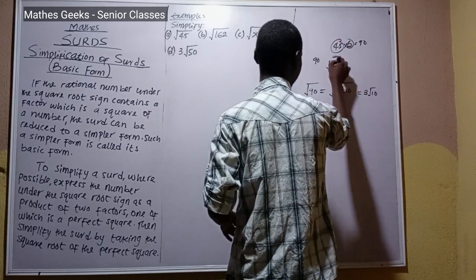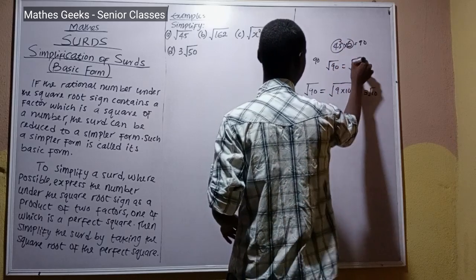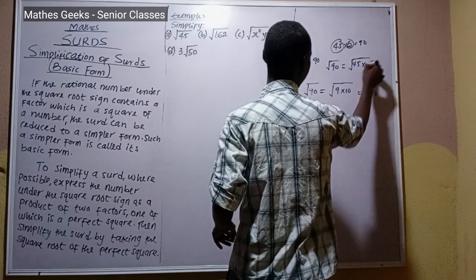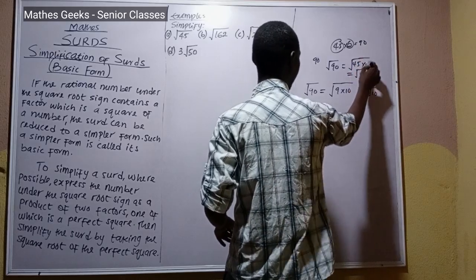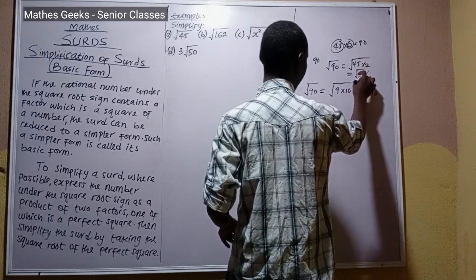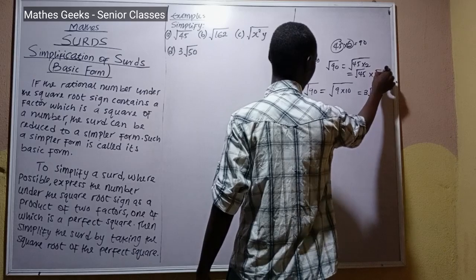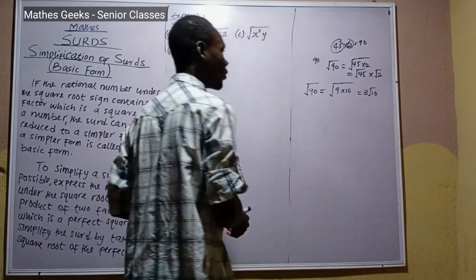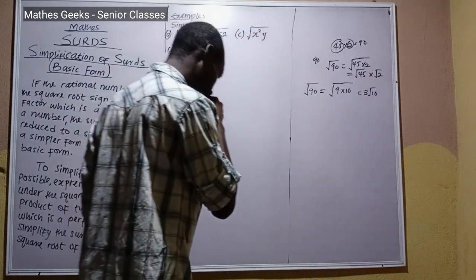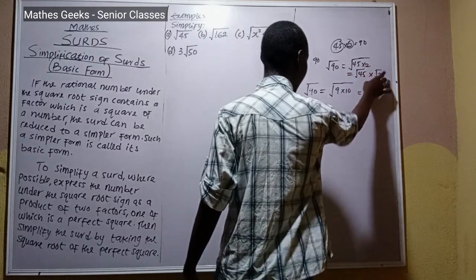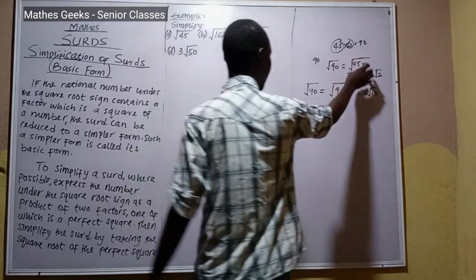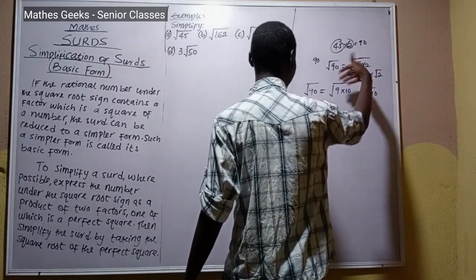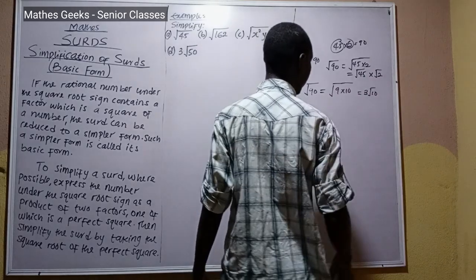Assuming root 90 is equal to root 45 times 2, there was no way I could have gotten the square root of 45 and the square root of 2, since both of them are irrational, non-perfect squares. The square root of 45 gives indefinite values, and the square root of 2 also gives indefinite values.